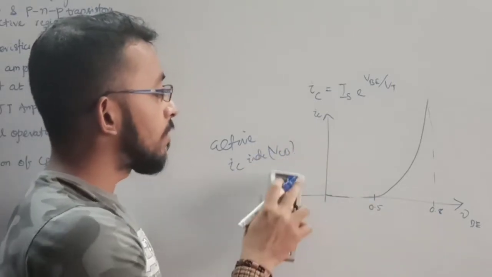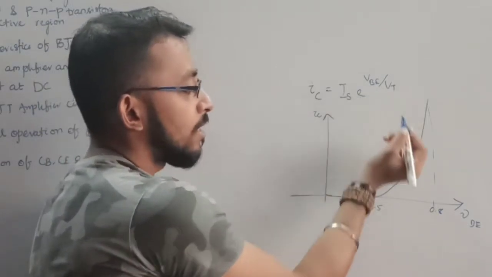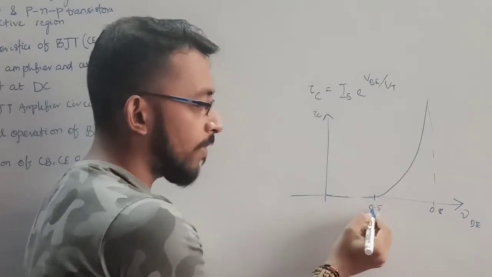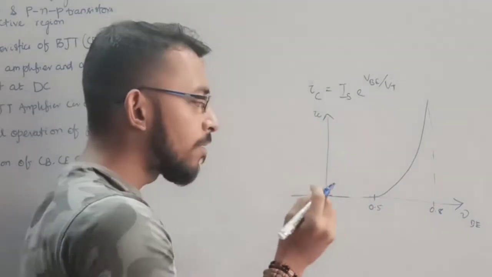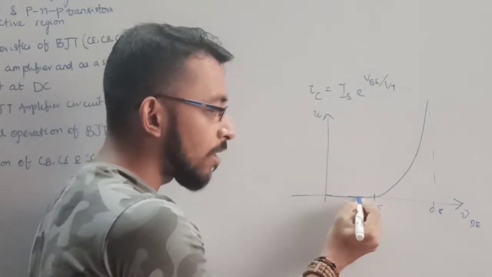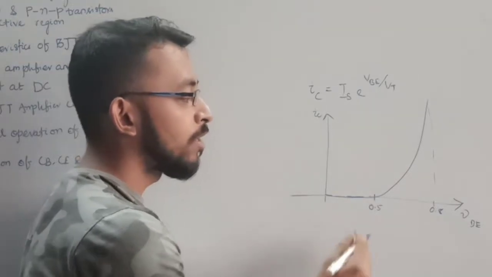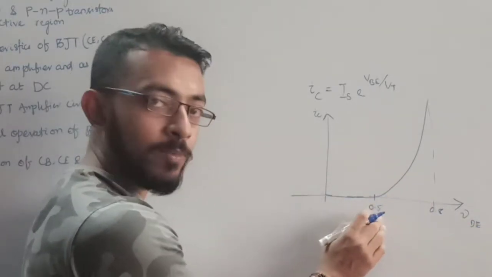So as VBE changes, my IC will change. Before 0.5 volt my current is 0 or negligibly small, almost approximately 0, and it increases as the voltage VBE crosses 0.5 volt.